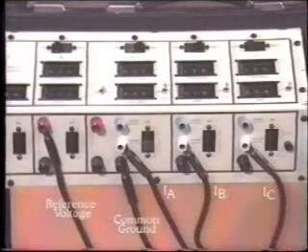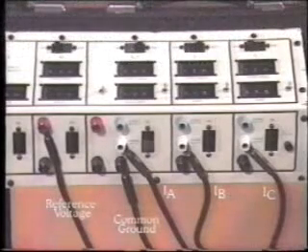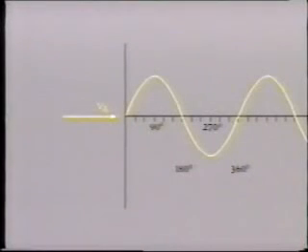Here we are trying to check the phase angle difference between current and voltage, and also to check that phase rotation is correct. Our reference voltage is connected to circuit 1. As this is from the A phase, it is indicated on our phasor diagram as VA.